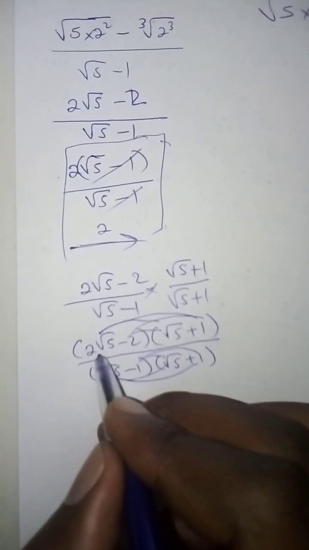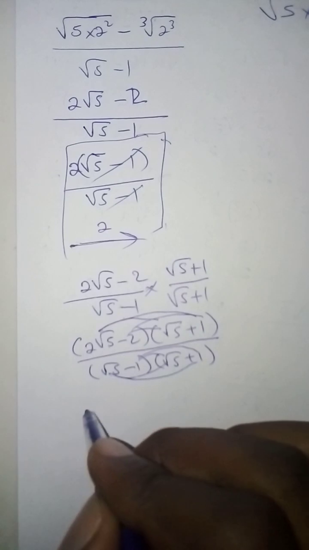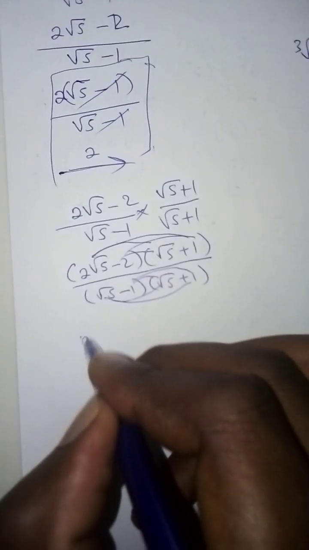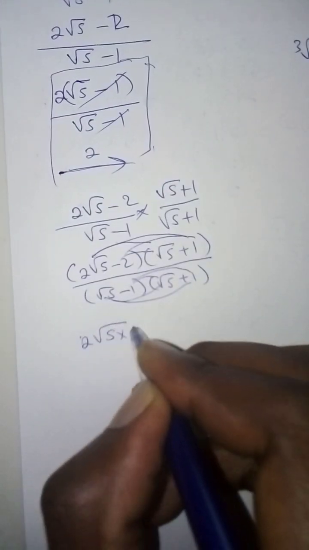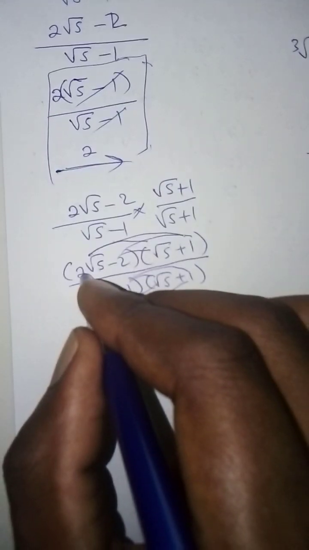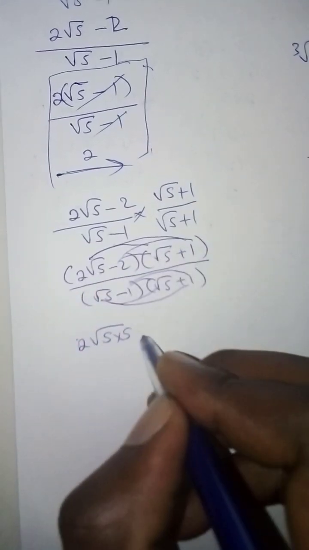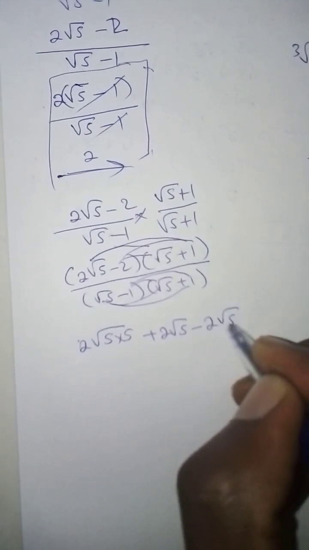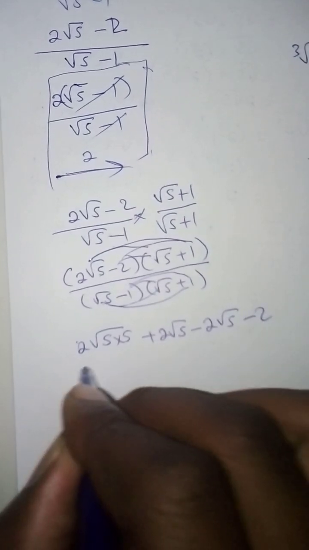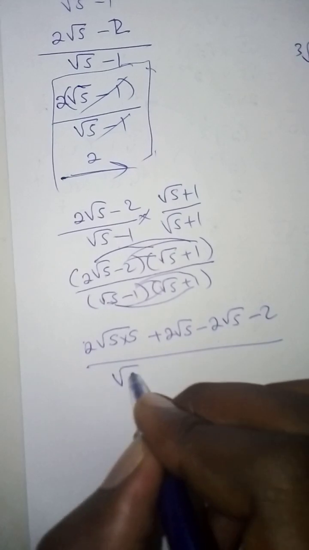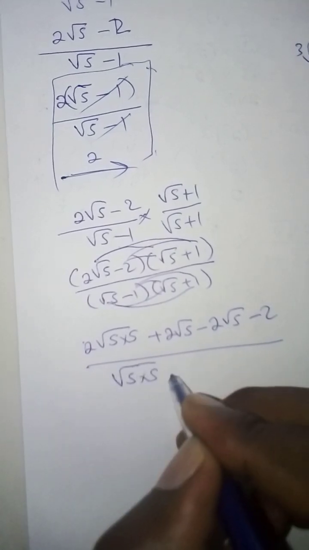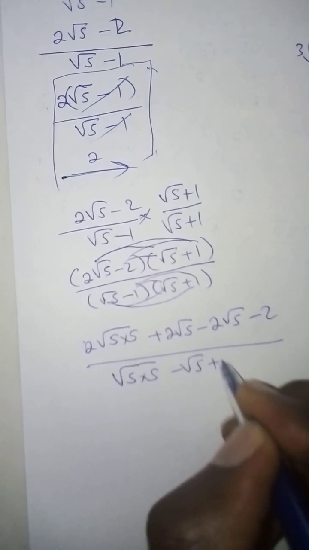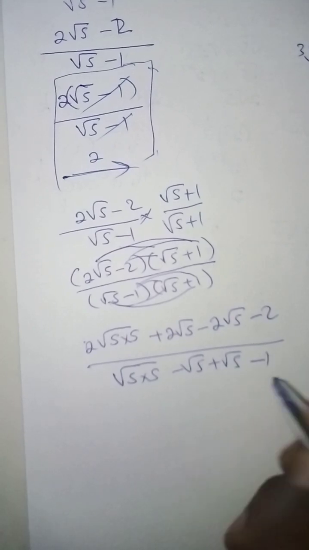So 2 square root of 5 times the square root of 5. So that means that we have 2 square root of 5 times 5, and then 2 square root of 5 times 1, that will be plus 2 square root of 5, minus 2 square root of 5, minus 2. It's divided by 5 times 5, minus square root of 5, plus the square root of 5, minus 1.